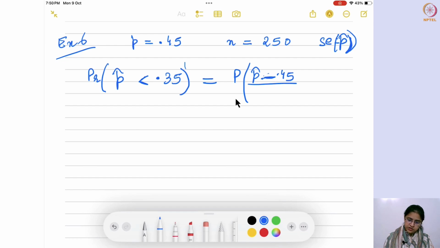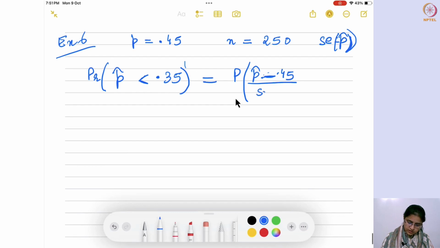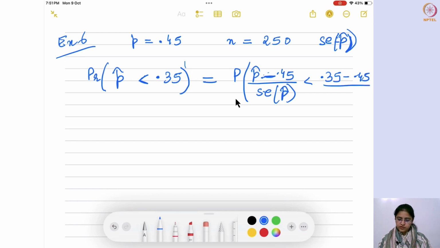So again find this value; this is some standard error, and this is less than 0.35. So this is basically minus over here, because it is 0.35 minus 0.45 divided by the standard error that you will find.